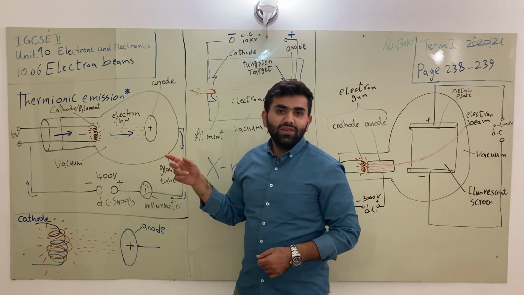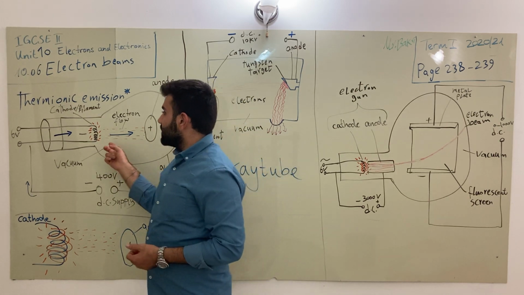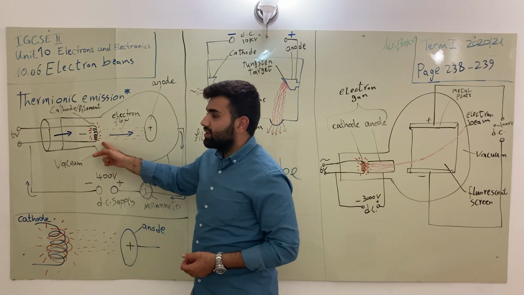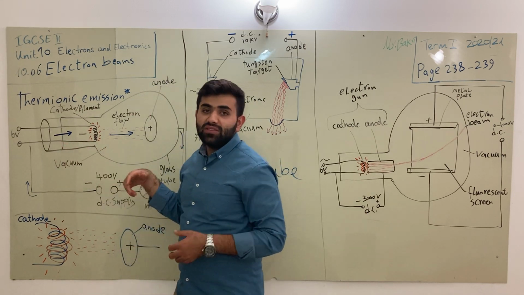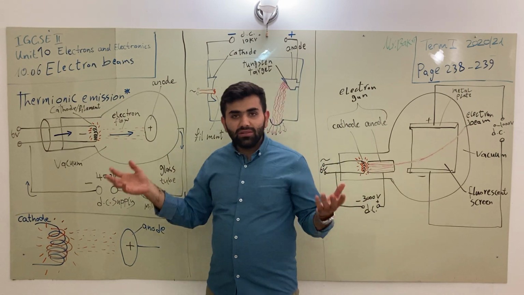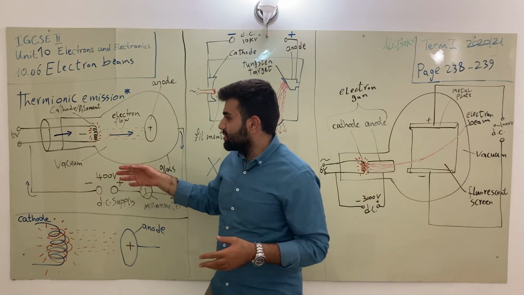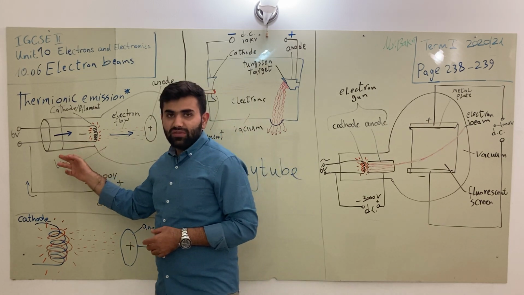Why is it a vacuum and not just normal air? Because if it's normal air, this tungsten filament will be burned. The filament will interact with the gas or air molecules and it will melt. So it should be in a vacuum.